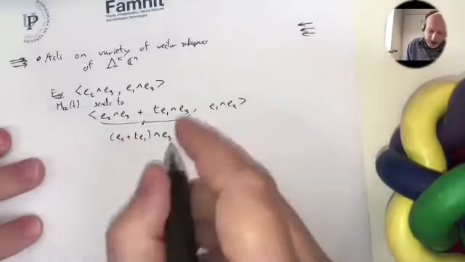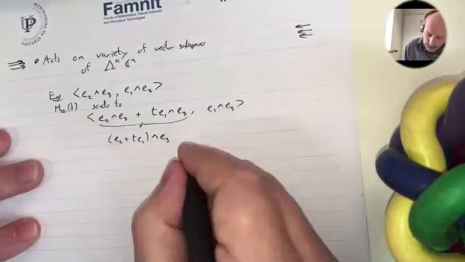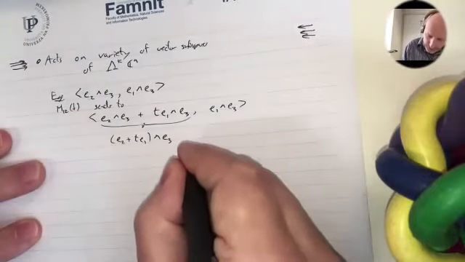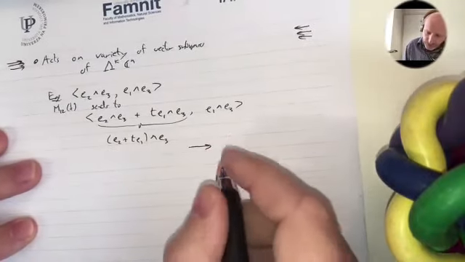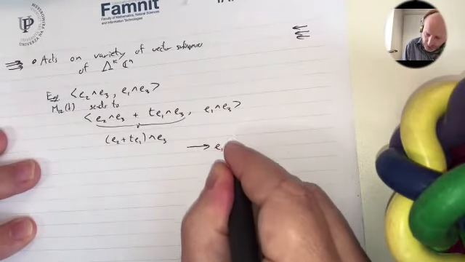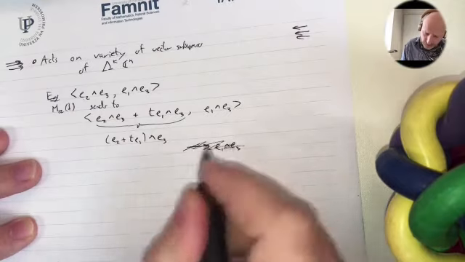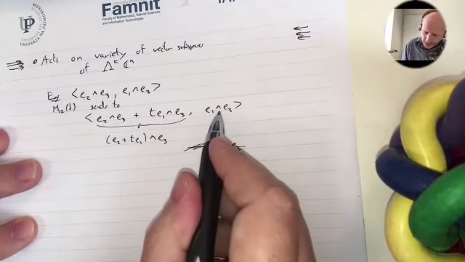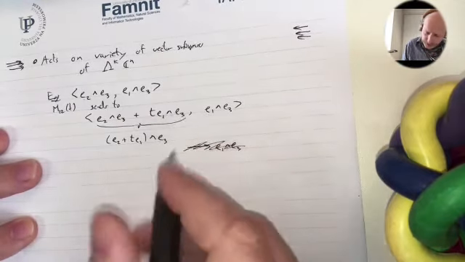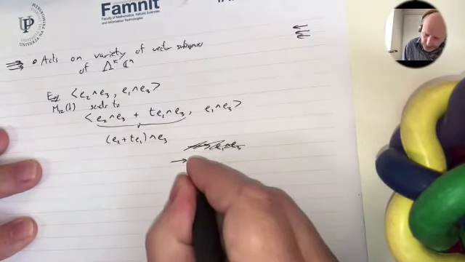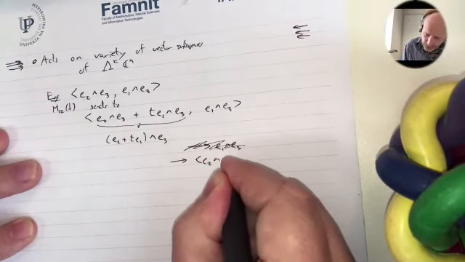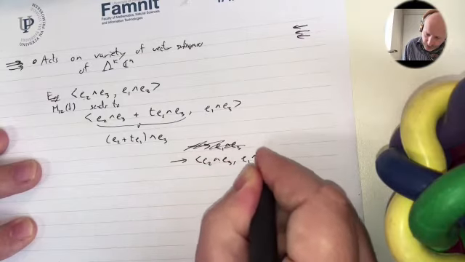Okay, and so this will converge to E1 wedge E3. Oh, wait. So now, as before, I can row reduce to get rid of this. So this will converge to E2 wedge E3 and E1 wedge E3.